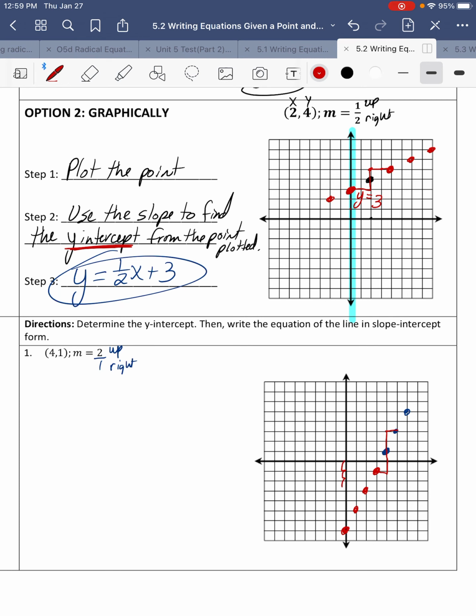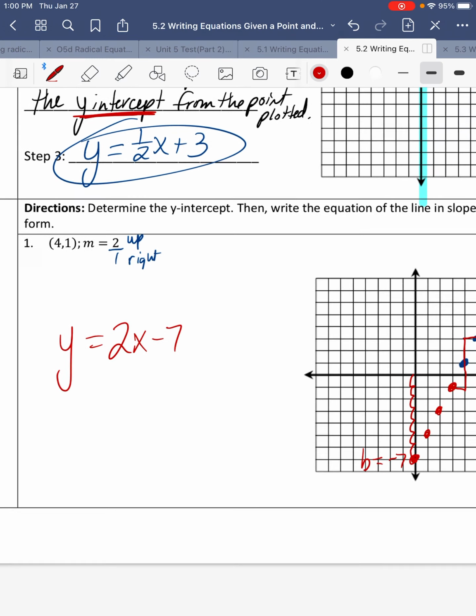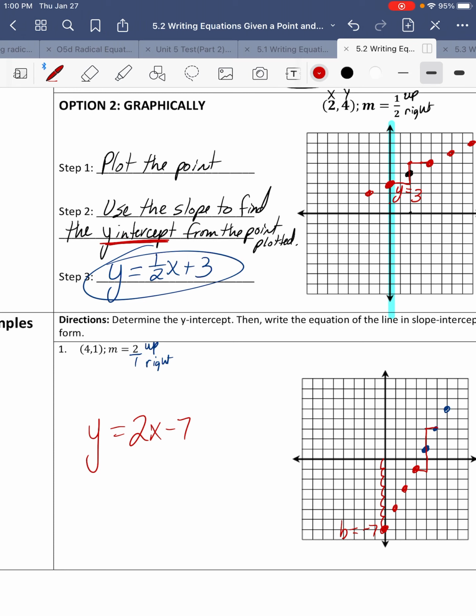And there's your y-intercept at -1, -2, -3, -4, -5, -6, -7. So our y-intercept, our b, is -7. So here's our slope, x minus 7.